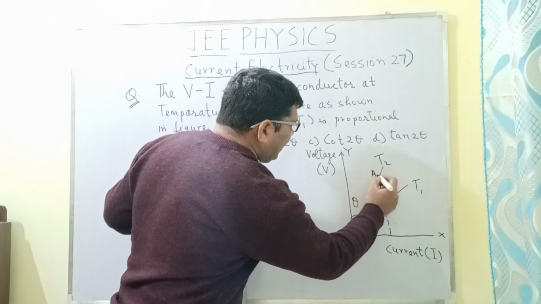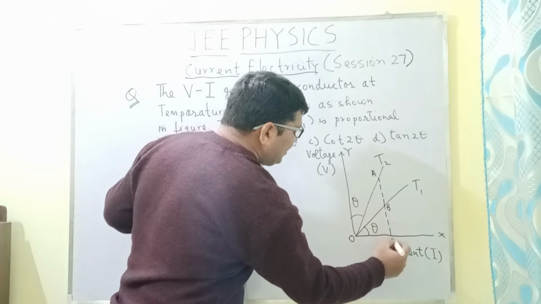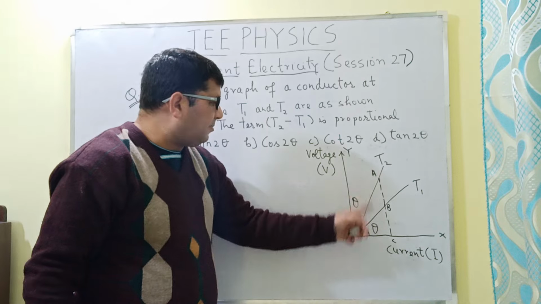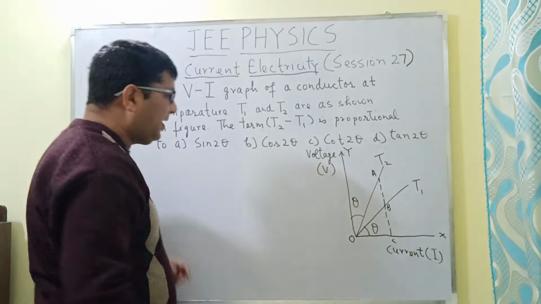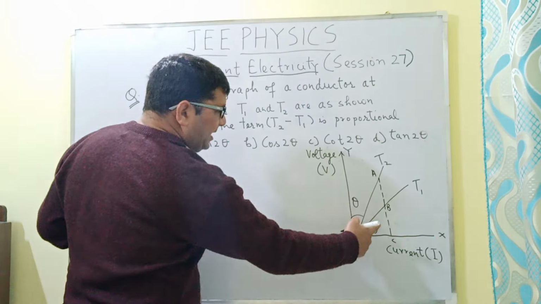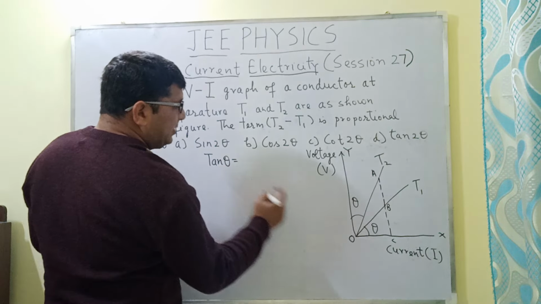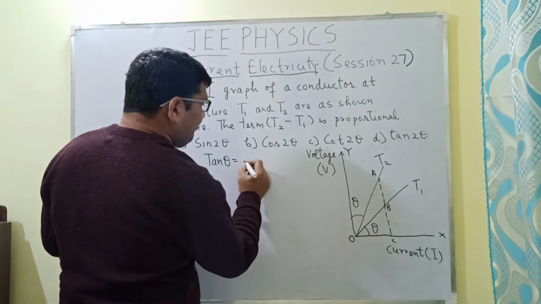Let us say this is the point A, this is the point B, and this is the point C. So from this graph, we can clearly see that tan theta is equal to BC upon OC.